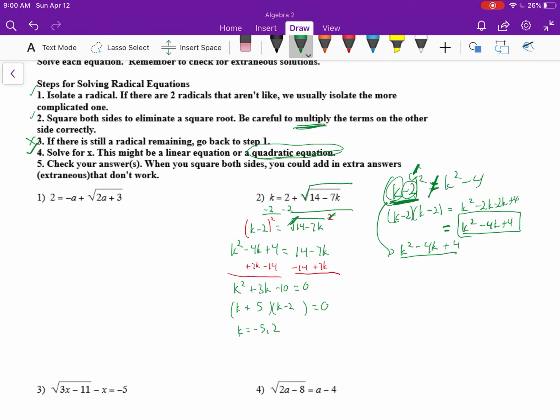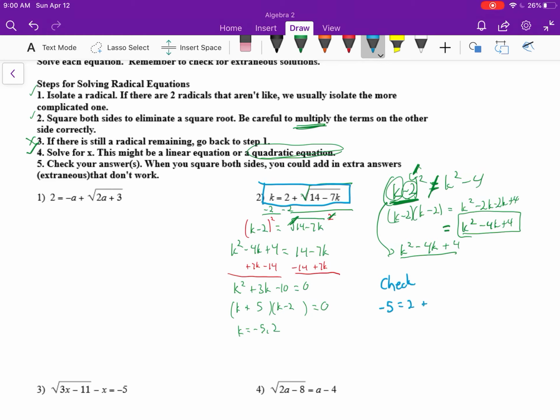We must check your answer to see if those solutions are correct. So we're going to check over here. We'll check in blue. Let's plug in negative 5. So we're going to come back to our original and plug in negative 5.